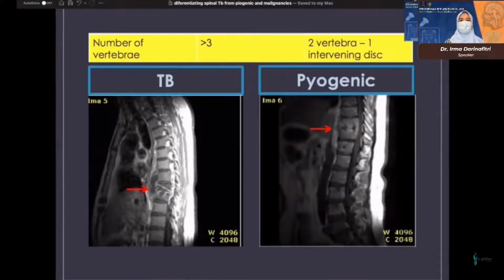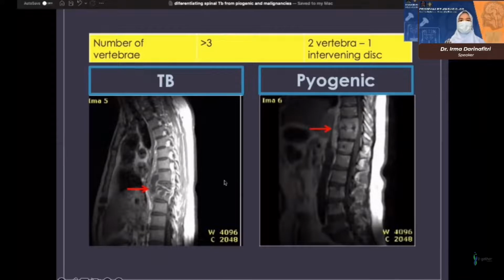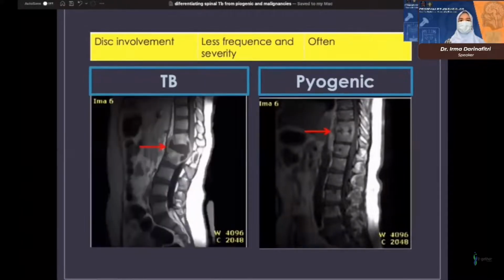This is caused by the presence of proteolytic enzyme in bacterial infection, which will cause damage to the vertebral disc and other parts of the vertebra. Such damage causes more severe clinical manifestation than tuberculous spondylitis. So, pyogenic spondylitis is often detected earlier with fewer involved corpus vertebrae than tuberculous spondylitis.